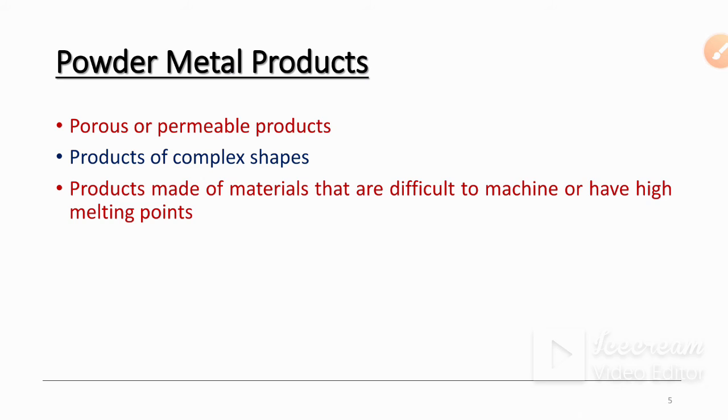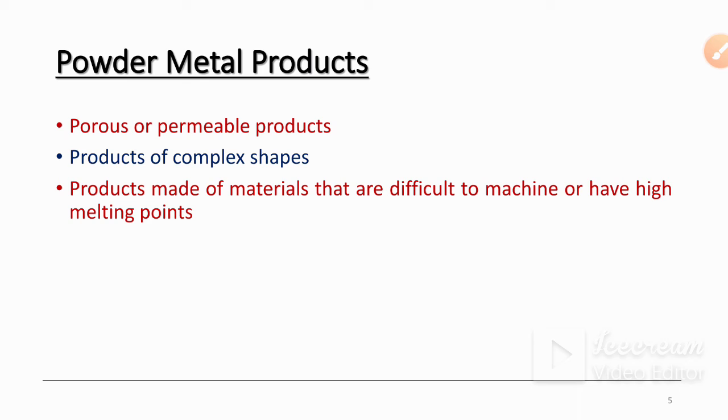Just like tungsten, which has a very high melting point, it is very difficult to manufacture a product of tungsten using conventional drilling or milling or any other machining applications, or by melting it, okay. So there is only one method used to make a product of tungsten. That process is powder metallurgy.